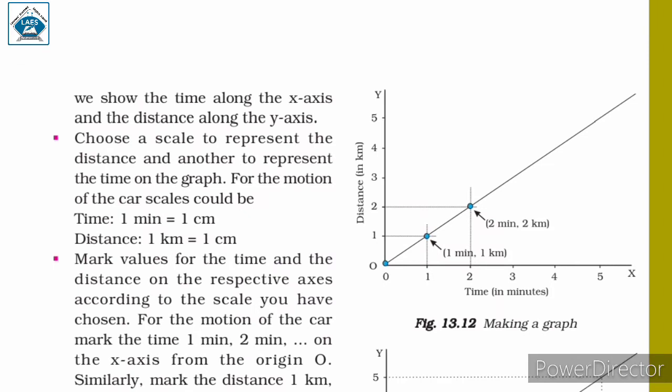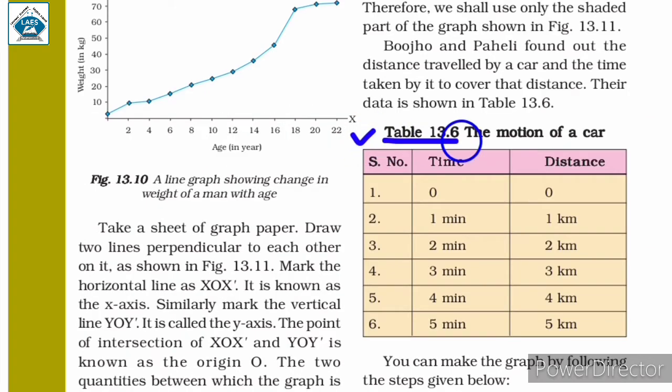So here in figure 13.12 we are given the procedure for making a graph. Just like we read, we are given the procedure of how we will draw this graph on graph paper. In figure 13.12 we are given 2 points, 1 minute 1 kilometer and 2 minutes 2 kilometers. For the data given over here in table 13.6 about the motion of a car, we are going to make the graph by following the steps we just read.